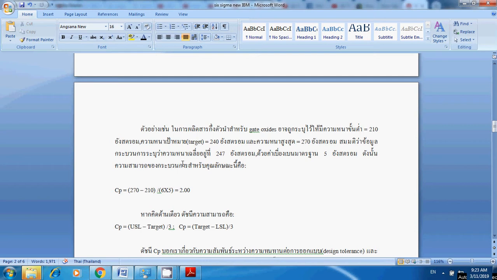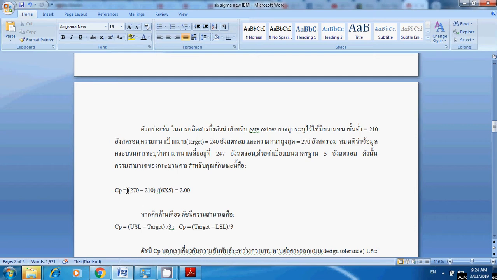Assuming the process data gives a thickness mean of 247 angstrom with a standard deviation of 5 angstrom, we can calculate the process capability for this characteristic as follows.